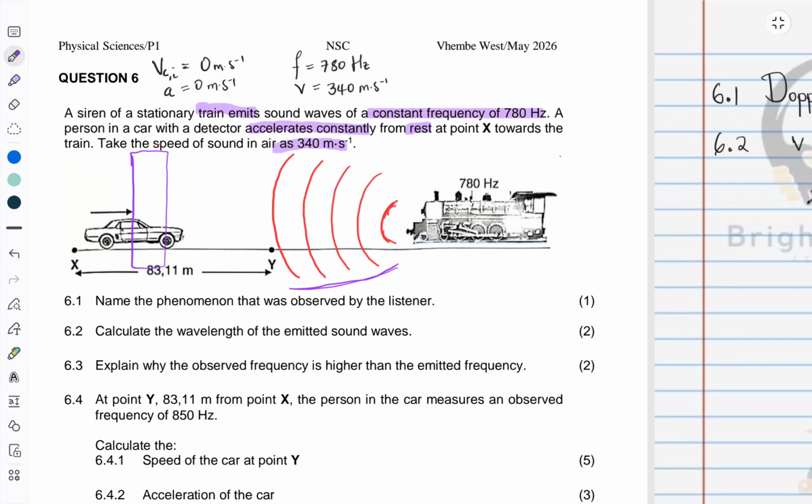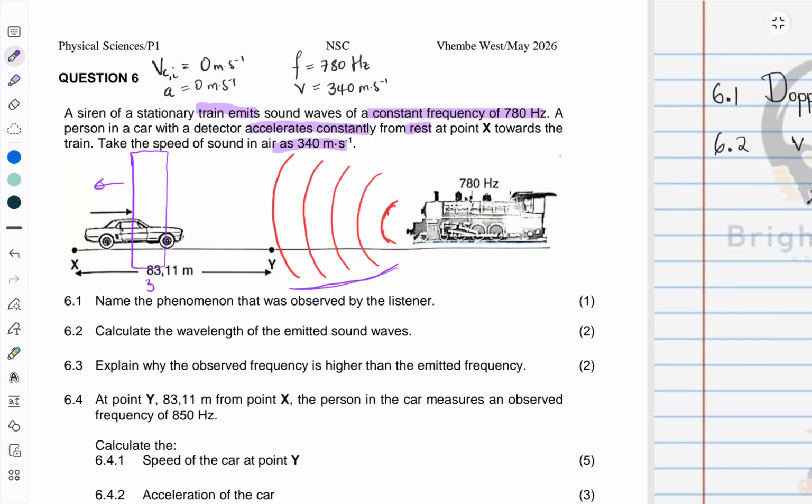So if 3 wave fronts passed per second when I was stationary, when I start moving, obviously I'll take more wave fronts per second, right? I'll probably take 6 or 8, but a bit more than 3, because now I'm moving. So there's more wave fronts that I'm able to take than when I'm stationary. When I'm stationary, I have to wait for them to pass at their own pace. But once I start moving as the observer, I take in a bit more, right?